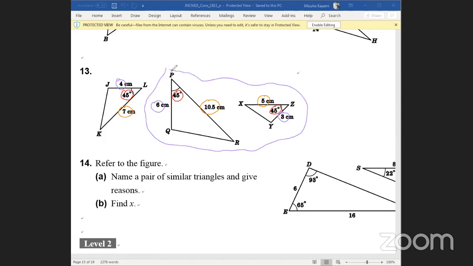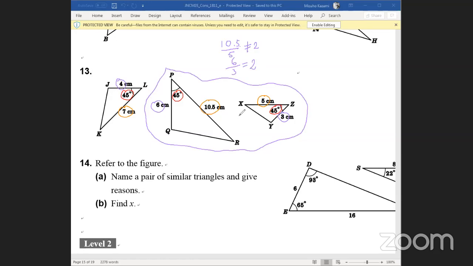For example, I check these two. Then I try to use 10.5 divided by 5, and then 6 divided by 3. This one is very easy, because 6 divided by 3 is 2.